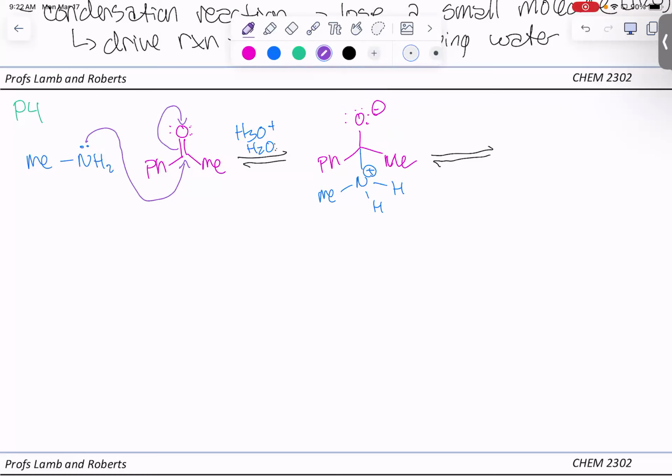All right, so we're going to take our water and deprotonate our ammonium salt, which is our protonated amine. That's going to form our neutral species on our nitrogen, and then we'll take care of the negative charge at our oxygen. Oops, that should be a methyl. And as I said before, I don't care what order you do this in.